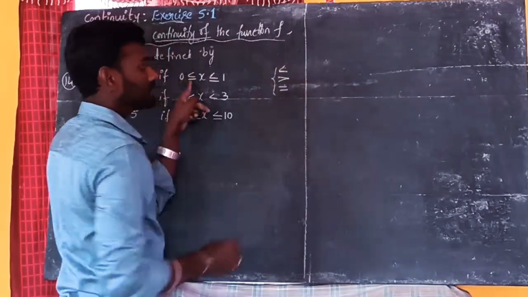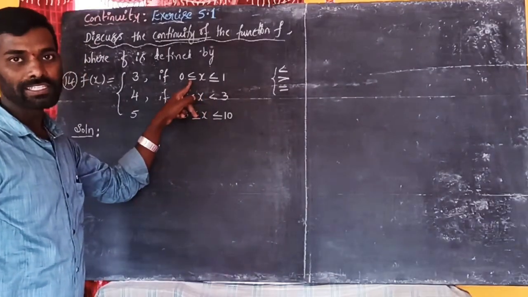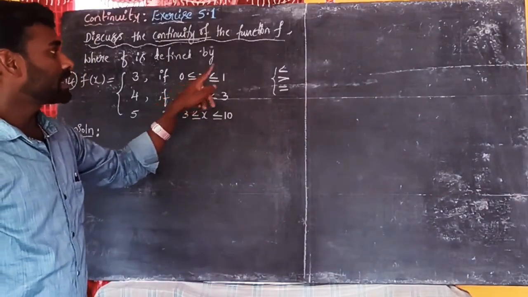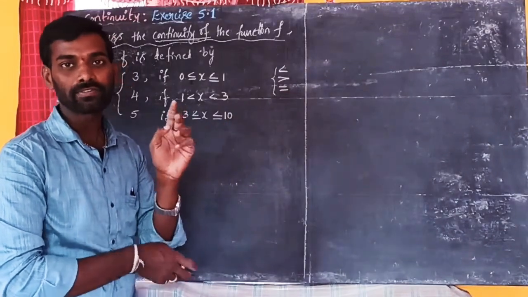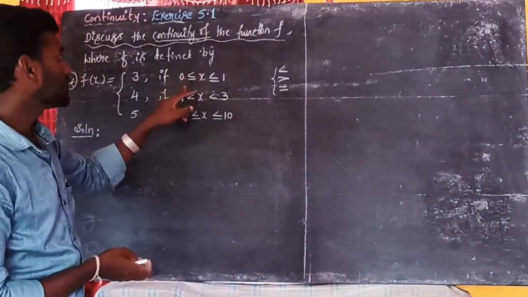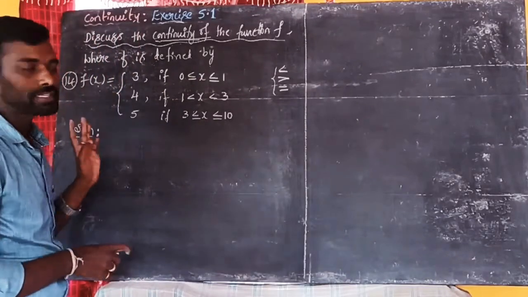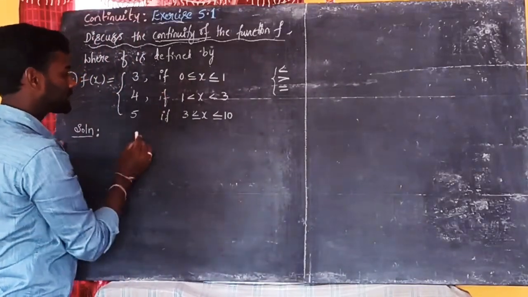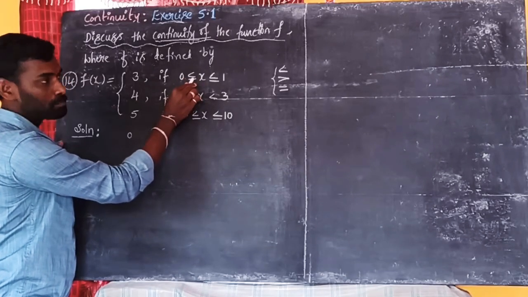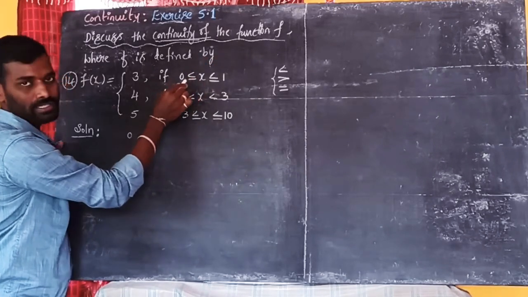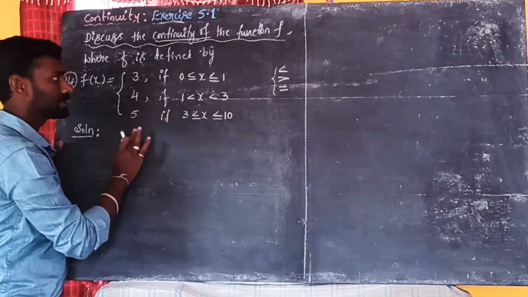We have 3 conditions, 3 inequalities for a point. If there are 3 inequalities for a point, then that point is considered, guys. Otherwise, that point is not considered to check whether that function is continuous or not. Here observe, guys. For this 0, less than is there, equal to is there. But greater than is not there for this 0, guys. So, this point is not considered.